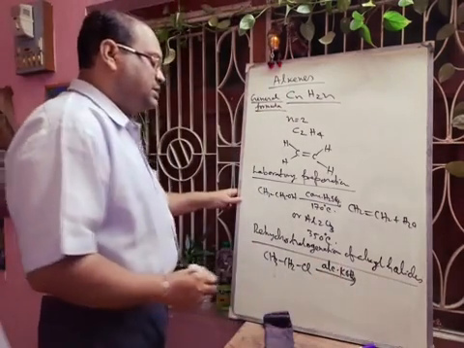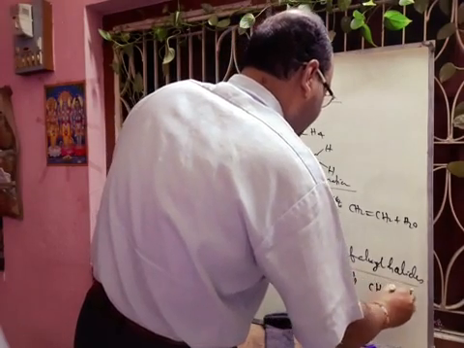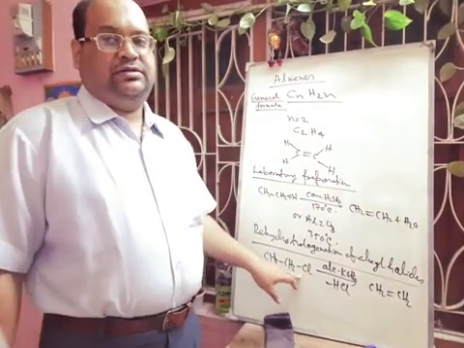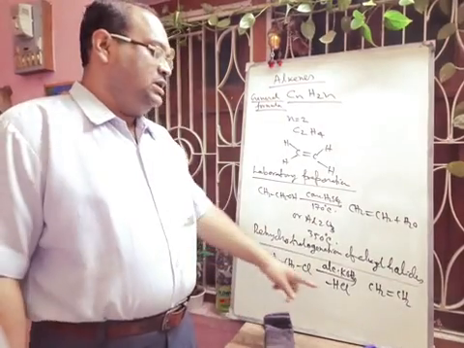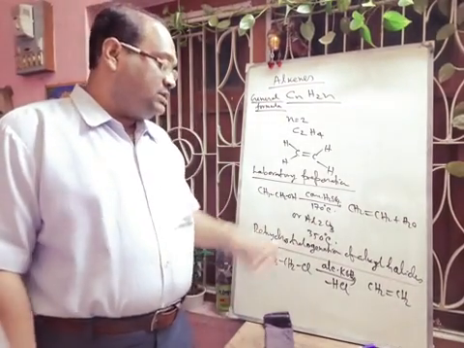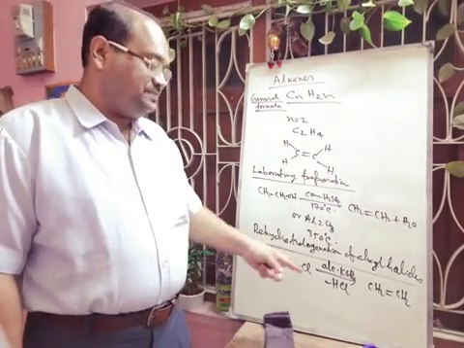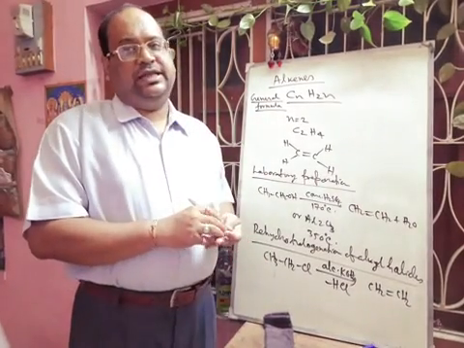There will be elimination of HCl, and you will get the alkene. Here you can also take bromide or iodide. With alcoholic KOH there will be elimination, but if you take aqueous KOH, there will be a substitution reaction and you will get alcohol. So here you have to take alcoholic KOH. By this process we can prepare ethylene compounds.